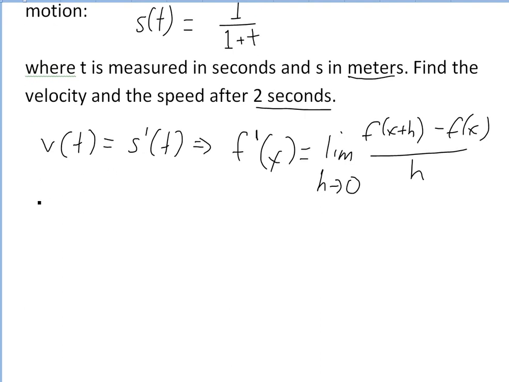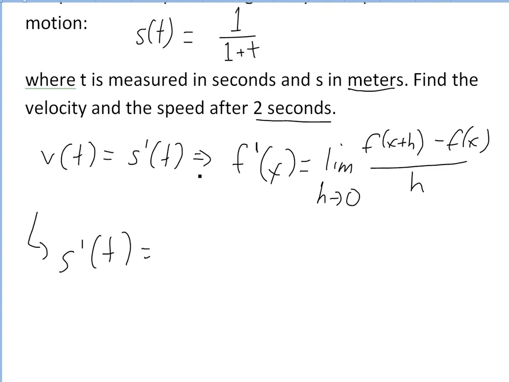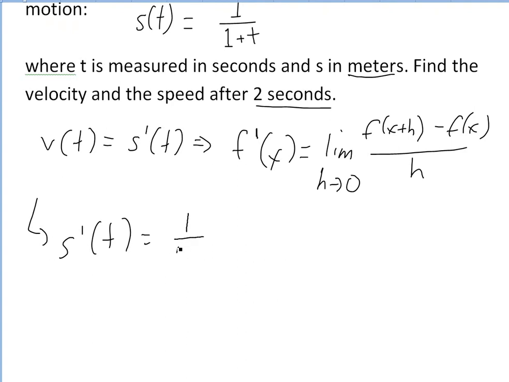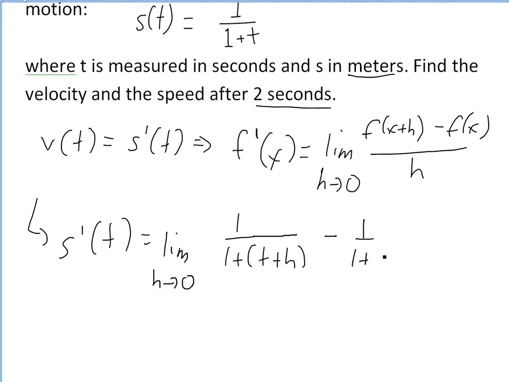So now all we do is plug that in. s of t equals, instead of f of x we use s of t now in this equation. So 1 over 1 plus t plus h. Actually, I forgot to write the limit here. Limit as h approaches 0 of 1 divided by 1 plus t plus h, minus 1 divided by 1 plus t, all divided by h.